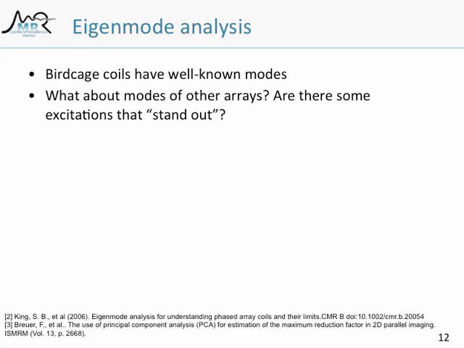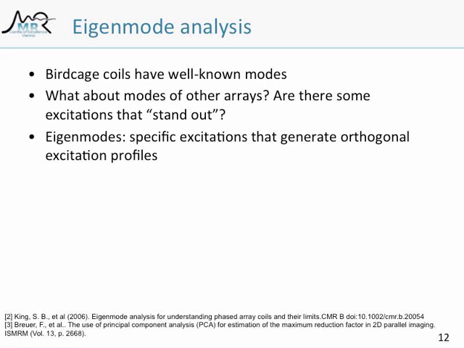Let's say you've got just some kind of array and you just want to know, okay, how is this working? Are there some modes I can drive this array in that somehow stand out? Yes, that are something equivalent to what I see in a standard birdcage model. And those would be the so-called eigenmodes of a coil array.